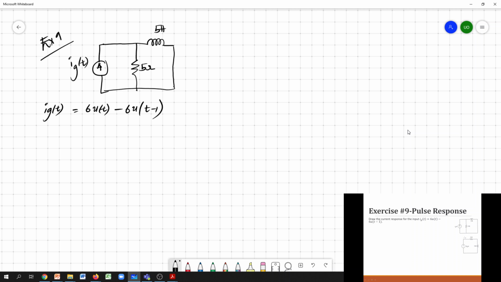So how do you draw this one? We know this is your u(t). What about u(t minus 1)? It is actually like this.